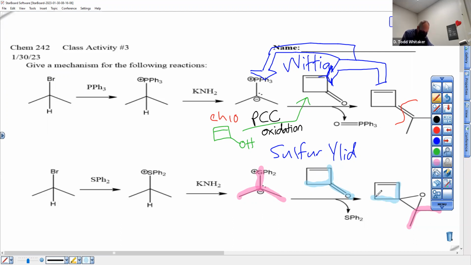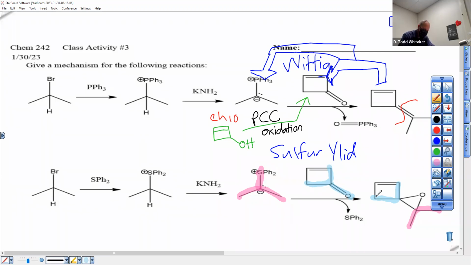Okay? All right. Blue piece, pink piece. Blue carbons, pink carbons, connected with an epoxide. Okay. Ylid one side, ketone other side.